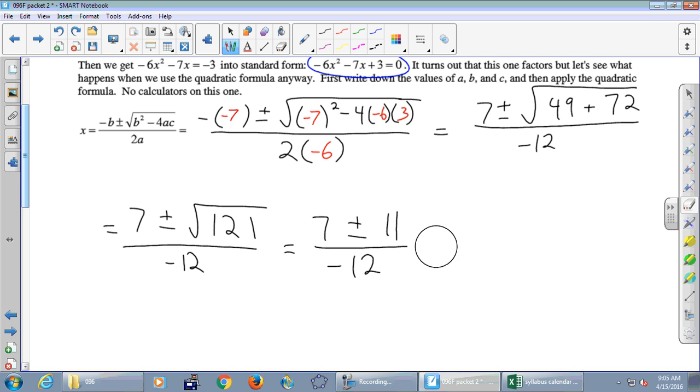what we do is we split it, but in a different way. 7 plus 11 over negative 12, 7 minus 11 over negative 12. It's literally what the plus or minus means, right? It's just a shorthand way of saying those two things. Yes, we are writing this down.